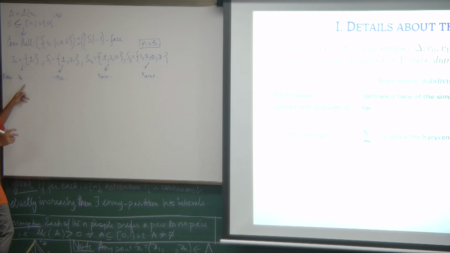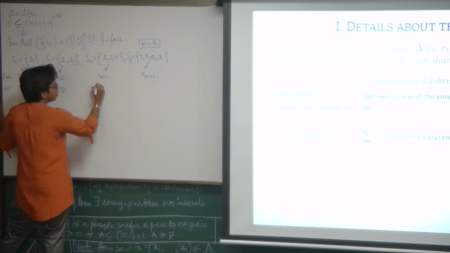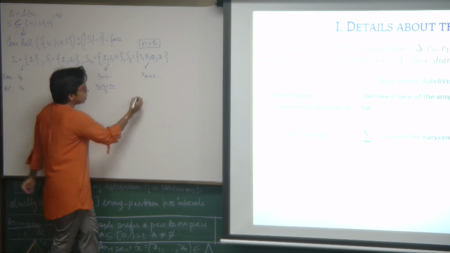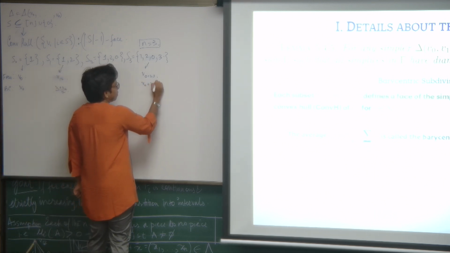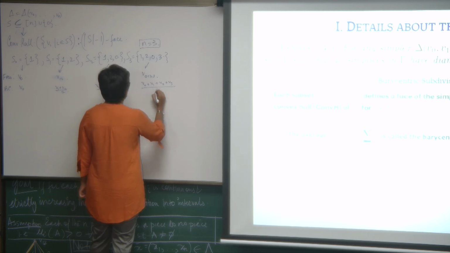You basically sum up all the values that correspond to this. So, the barycenter of this would be just V0. This would be (V1 plus V2) by 2. This would be (V0 plus V1 plus V2) by 3, and this is (V0 plus V1 plus V2 plus V3) by 4. Okay.